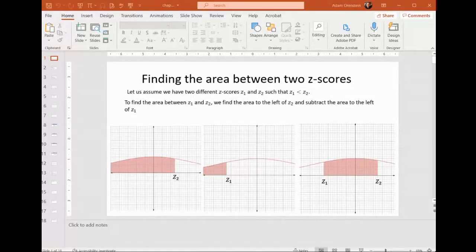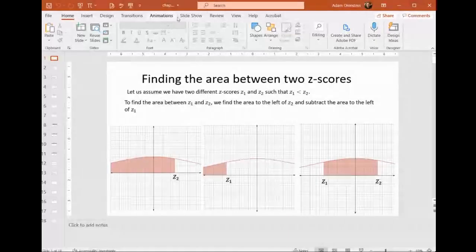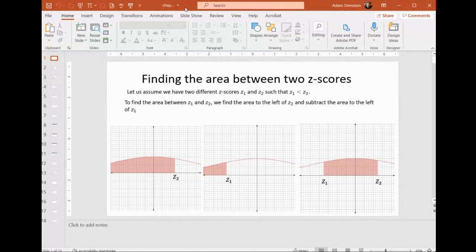Okay, if you remember, this is something we did last time. I think I might have left off with the slide after this, but I just briefly want to review how to find the area between two z-scores.